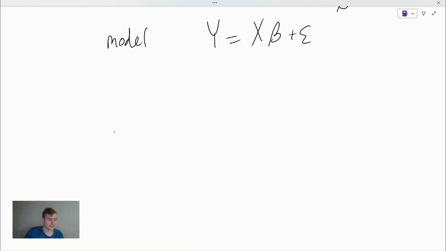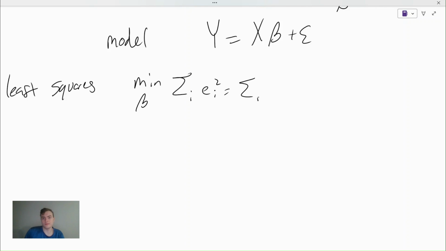So we want to, again, estimate beta using least squares. So that means we're going to take the minimum over beta of the sum of squared error: yi minus y hat i for each i, same as sum of yi minus xi beta squared.